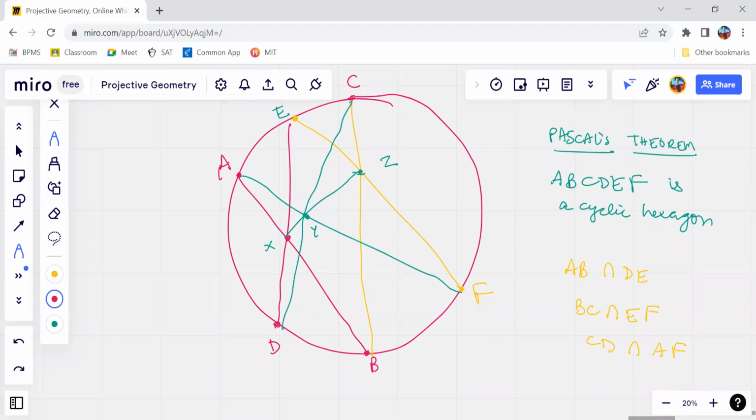Okay, hello. So any ideas? Let's instead think of this as, instead of trying to show that Z is there, we'll instead try to show that CB, EF, and XY are concurrent.